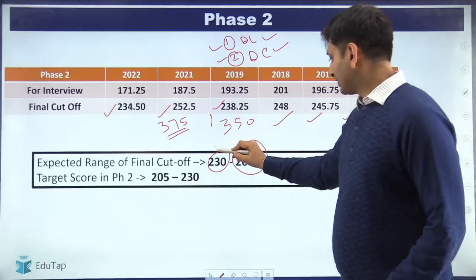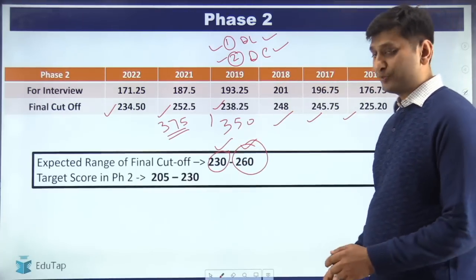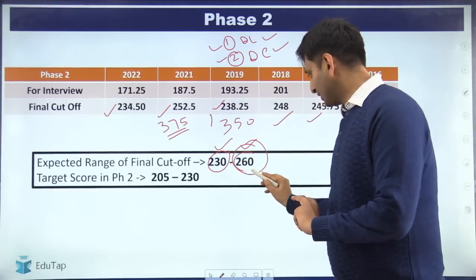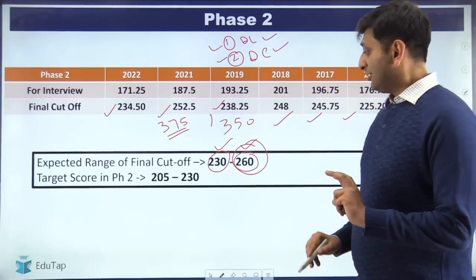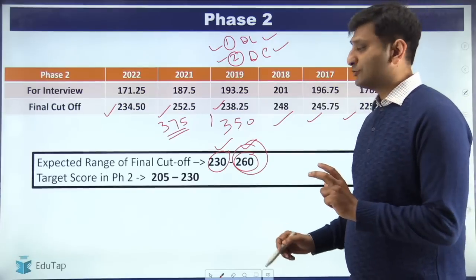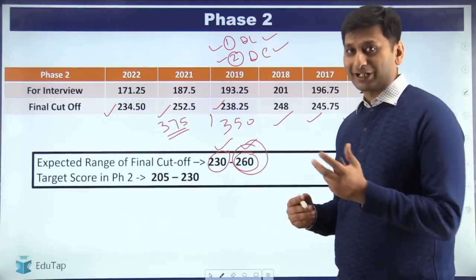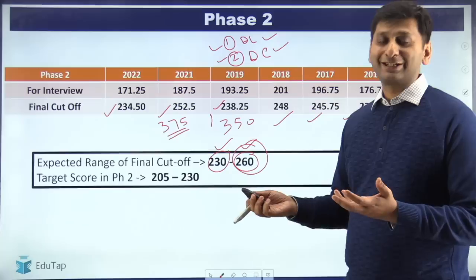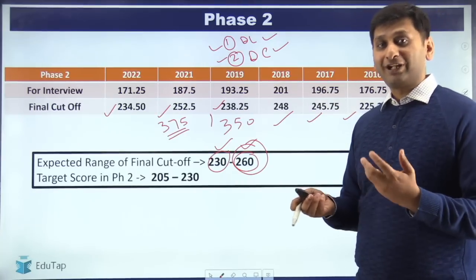Fine. So 230 to 260 is something you should be targeting. I think that can be a safe score, 260. Now here, if you assume that you will get average marks in the interview, which can be 25 to 30 marks, though people are getting 70s also, 60s also, and some people are getting 15, 20 also.